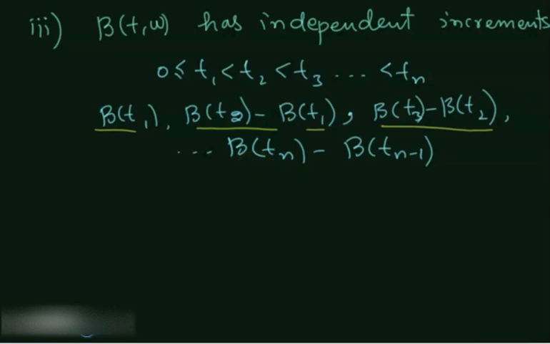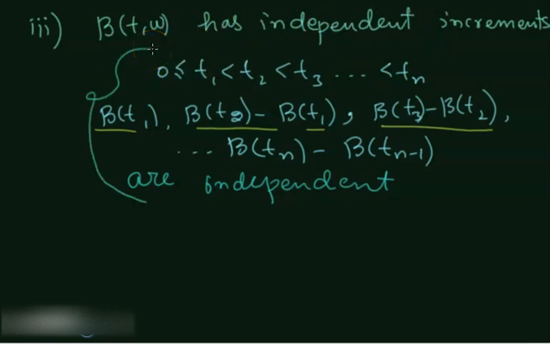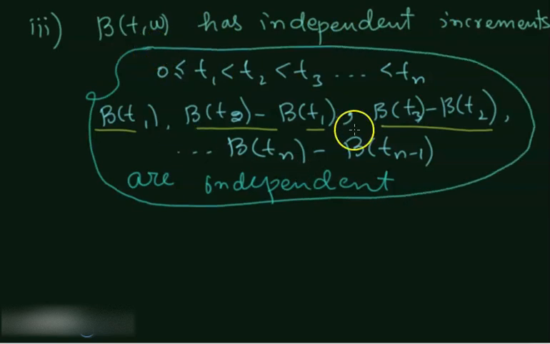These are basically independent. So this is the meaning of beta of t having independent increments.